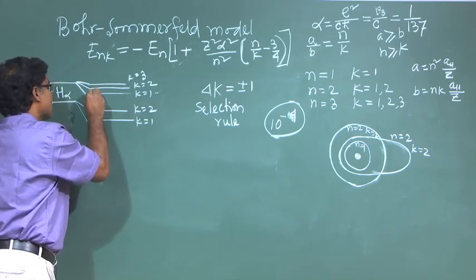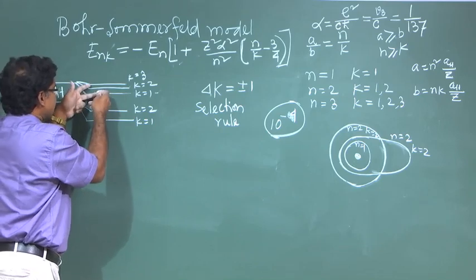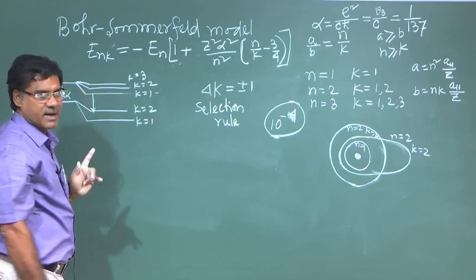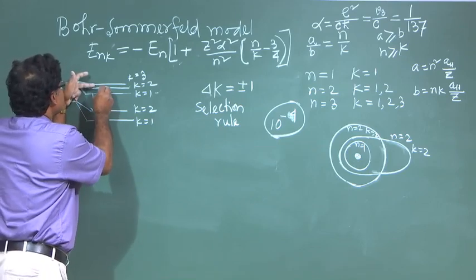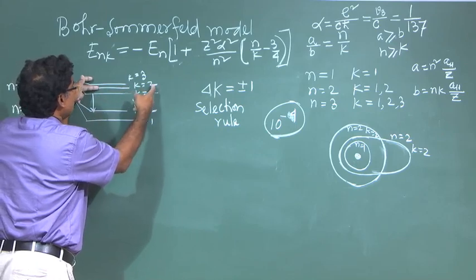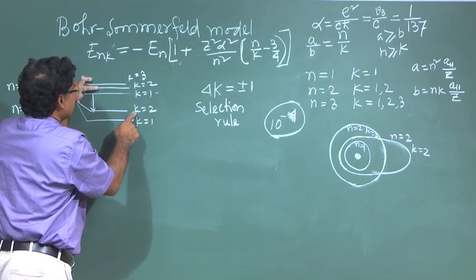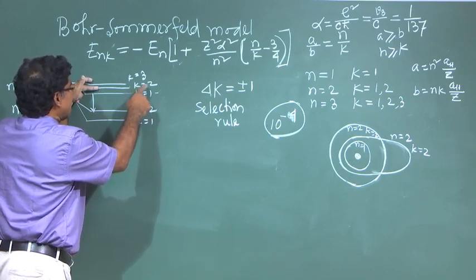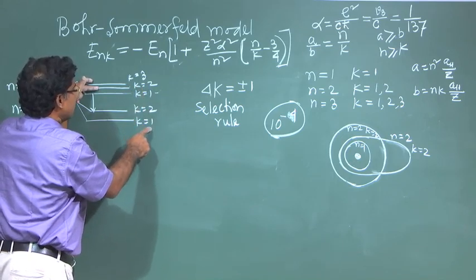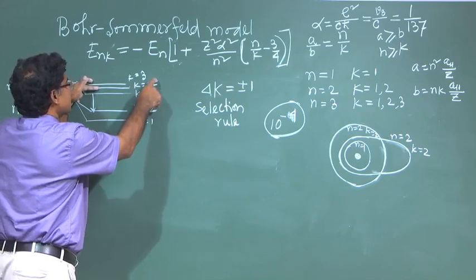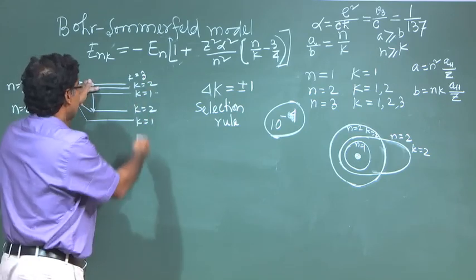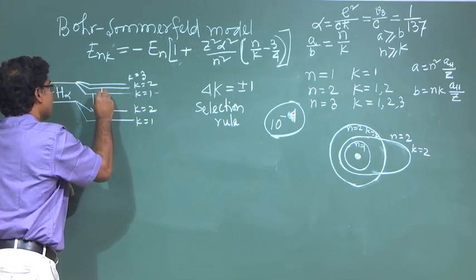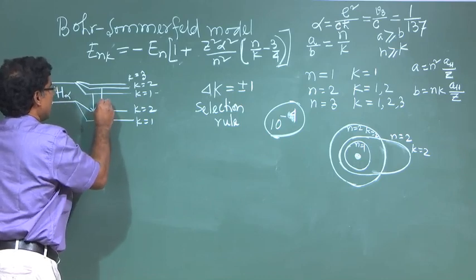So from this level only this one is allowed, and I will get one spectral line. Then if I start from k equal to 2, k equal to 2 is not allowed, delta k equal to 0, but k equal to 1 is allowed, because 1 minus 2 is minus 1. So this is allowed.